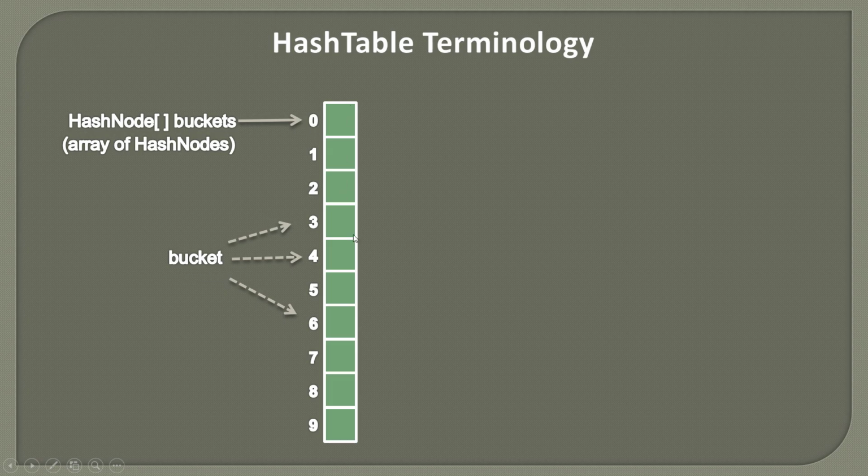This array stores hash nodes, which have a key value pair and a reference to the next hash node. We will also create a variable, number of buckets, which is nothing but the length of the buckets array, also called the capacity of the hash table.